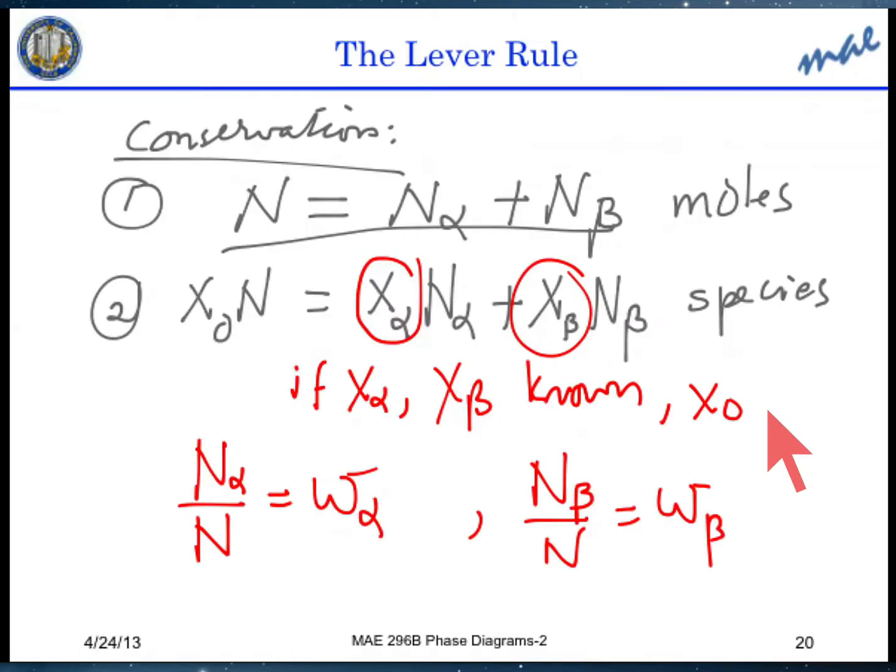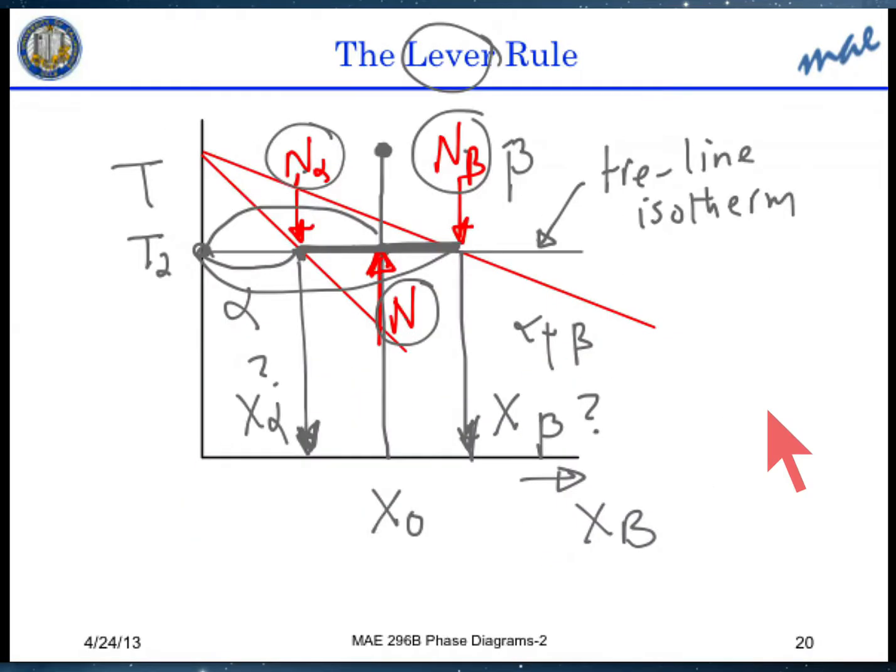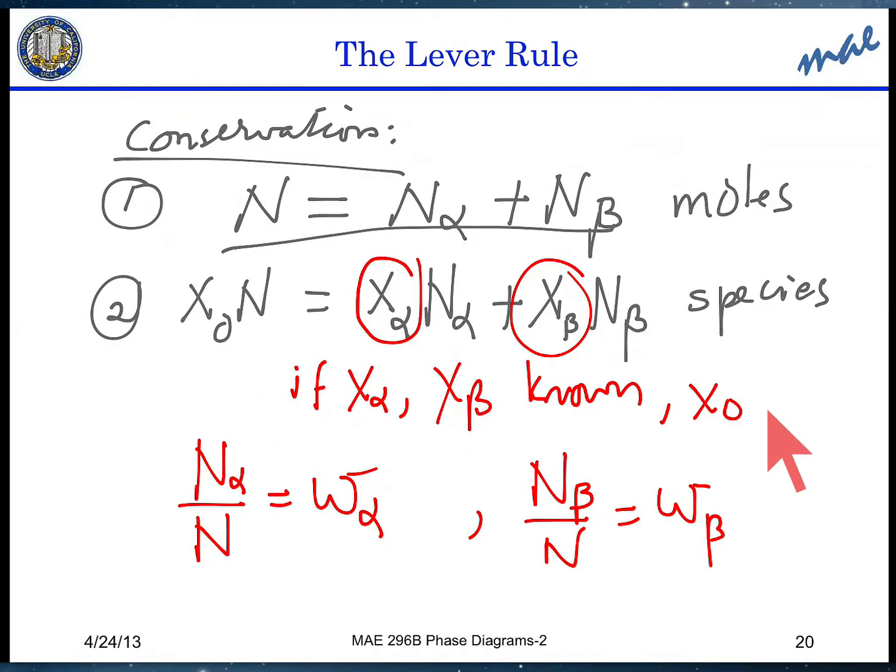And that's exactly the second equation here. So I can use this idea of the lever rule to immediately derive the fractions of alpha phase and beta phase in a very simple way.